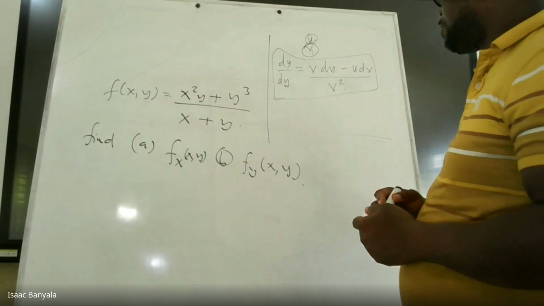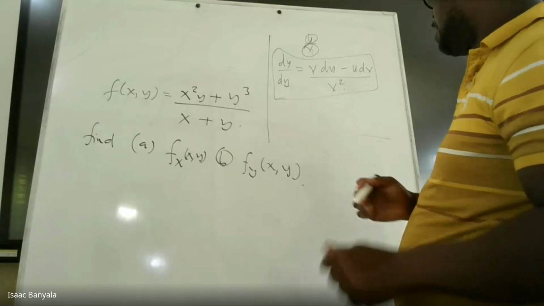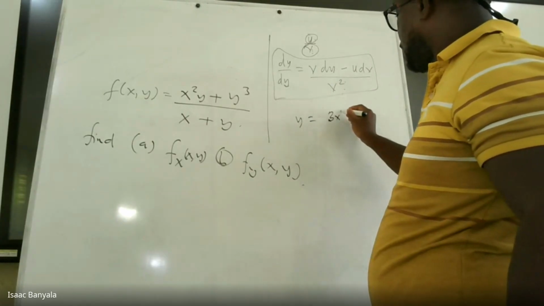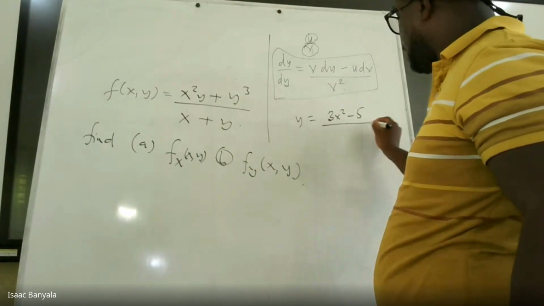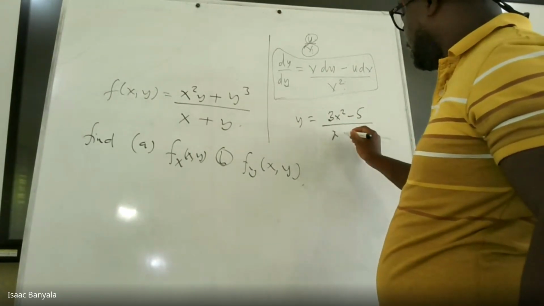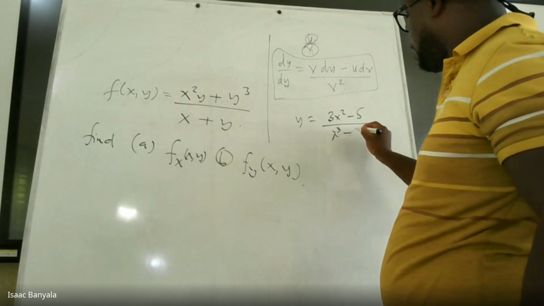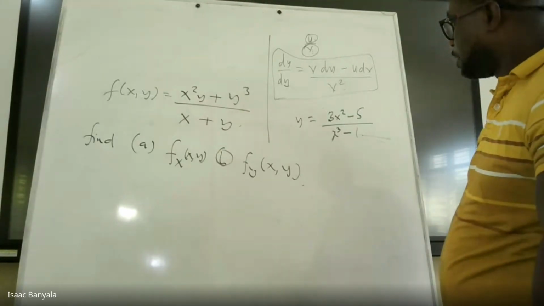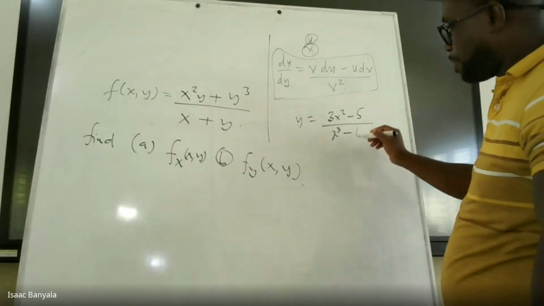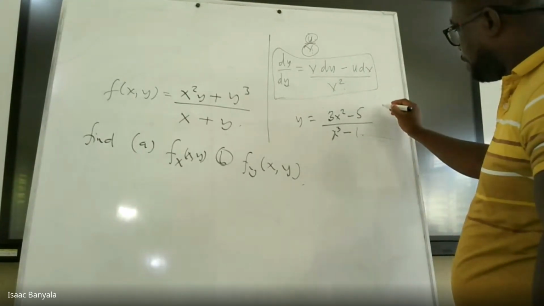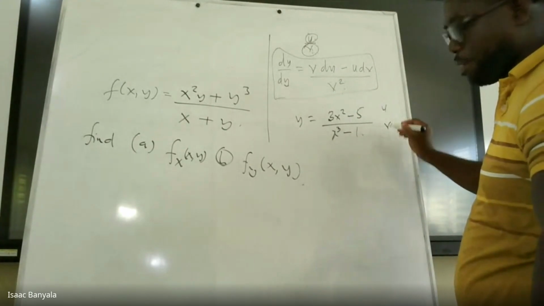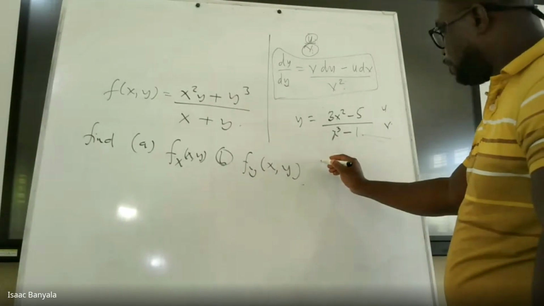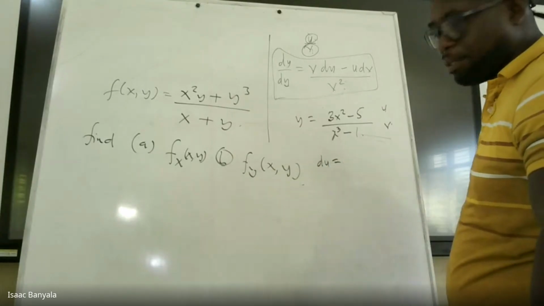Let's take an example. If I have y is equal to 3x squared plus 5 over x cubed plus 1. Now, what do I have to do? This will be my u, and that will be my v. So now I need to find the u prime. What is the derivative of u?